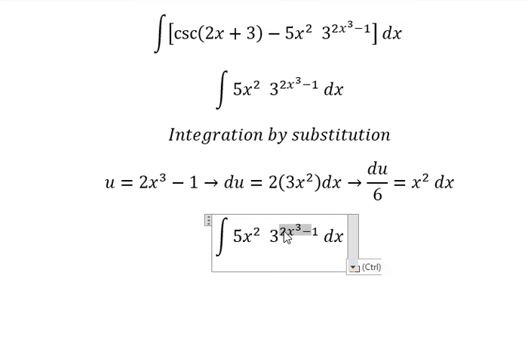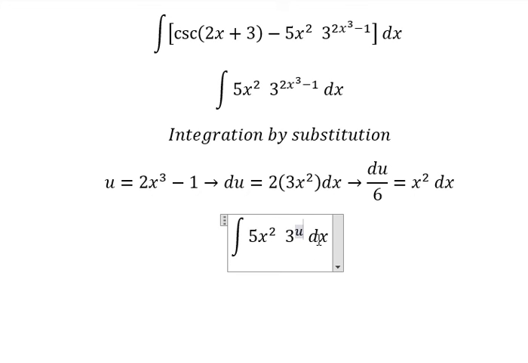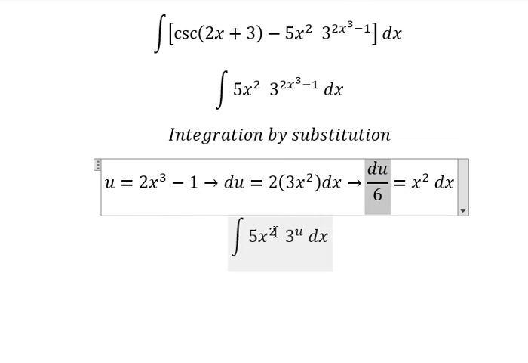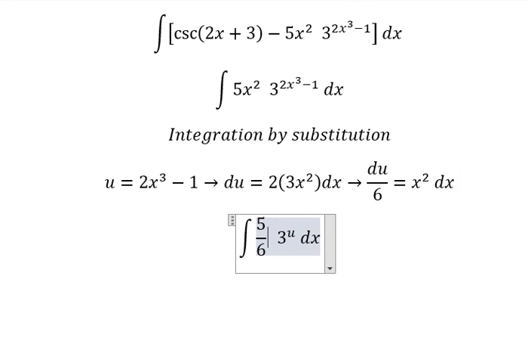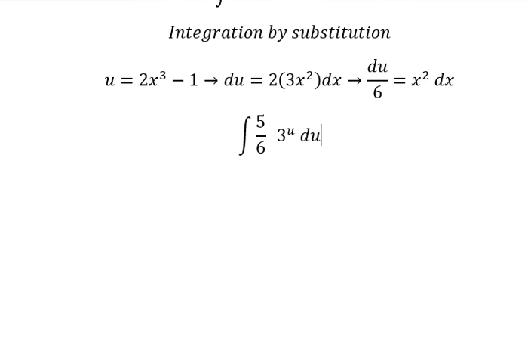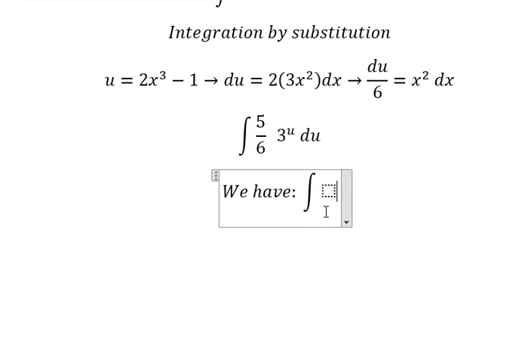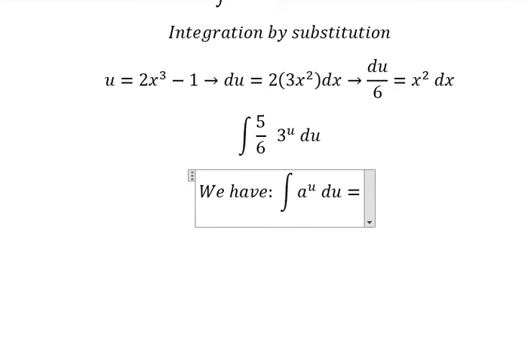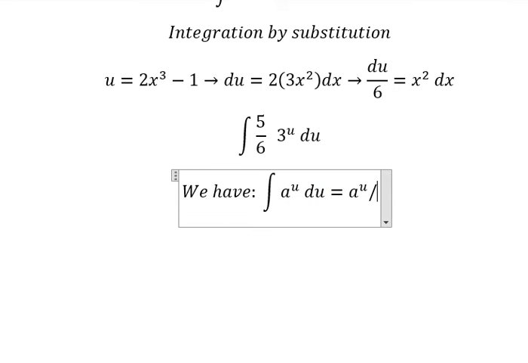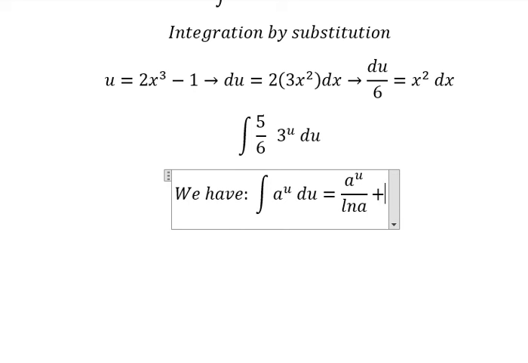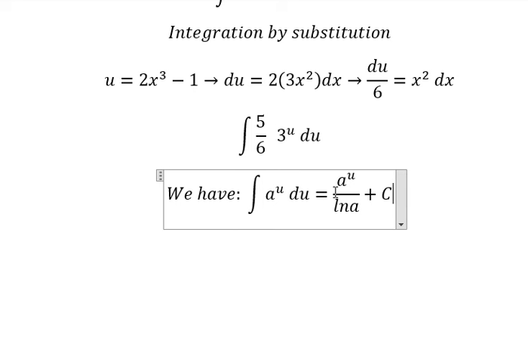So this one we change by u. s squared ds we change by this one. Next, we have the formula in here. The integration of a to the power of u du is a to the power of u over ln a, and I will put plus c.